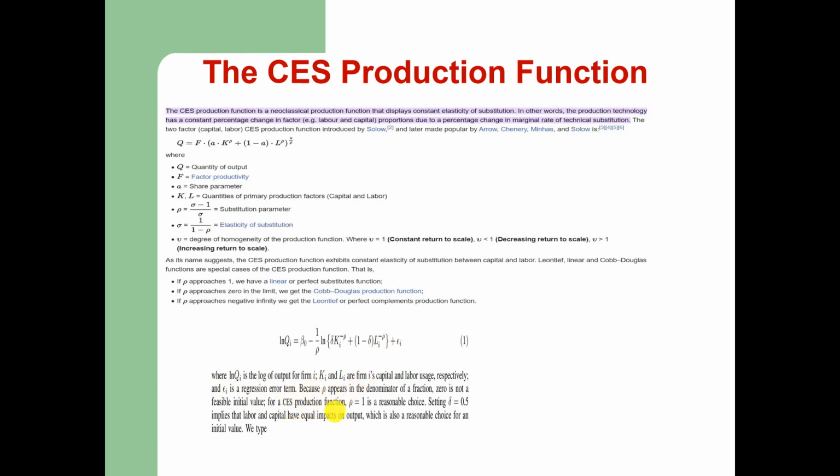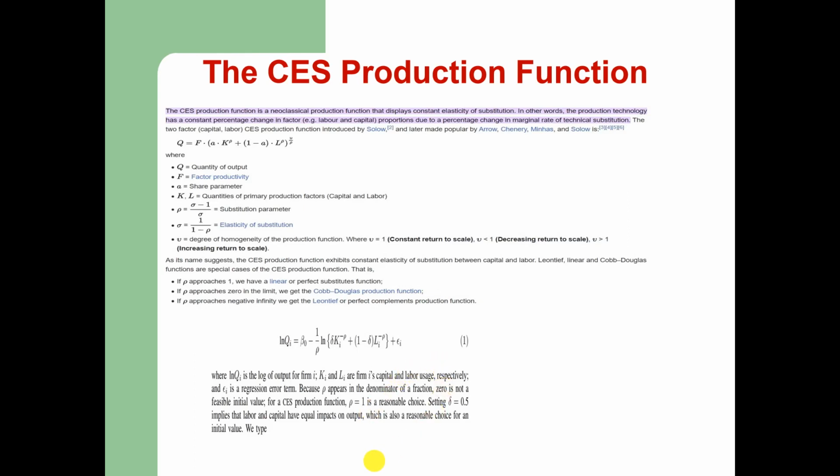As I mentioned, delta in this production function is the share parameter, whereas rho is the substitution parameter, and because rho appears in the denominator of a fraction, 0 is not a feasible initial value. For the constant elasticity of substitution production function, rho equal to 1 is a reasonable choice.